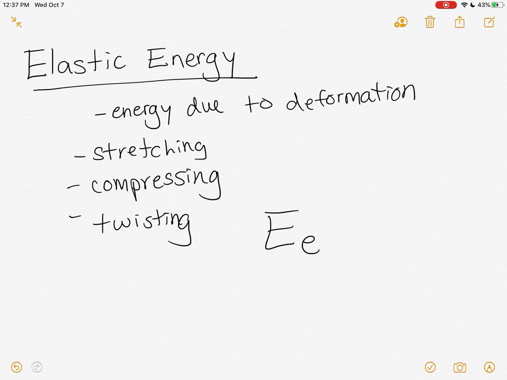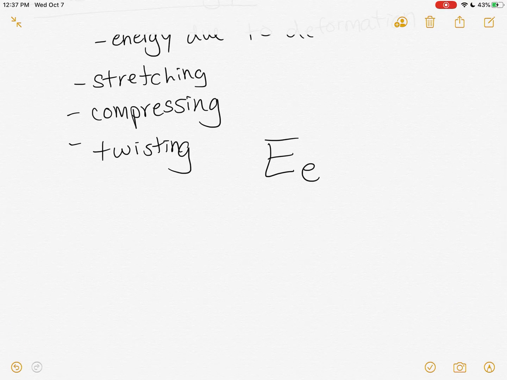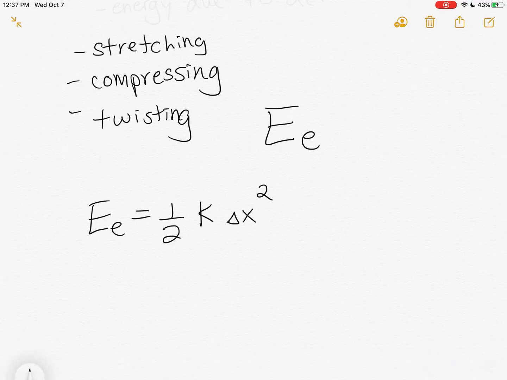All right, so when we're using elastic energy, we have a formula for it. Our elastic energy formula is 1/2 K delta X squared, okay?